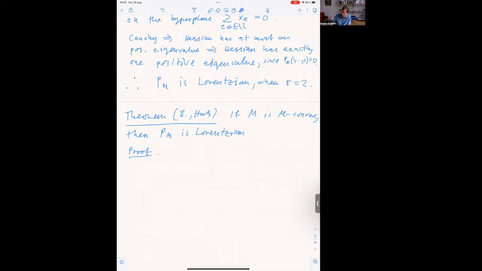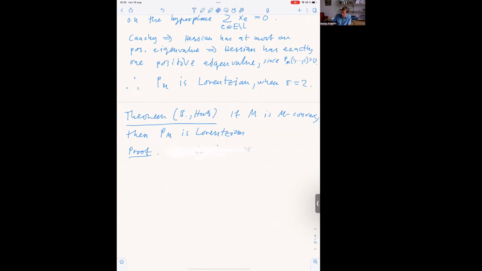So we do this by induction over, well, we actually don't have to do it by induction.